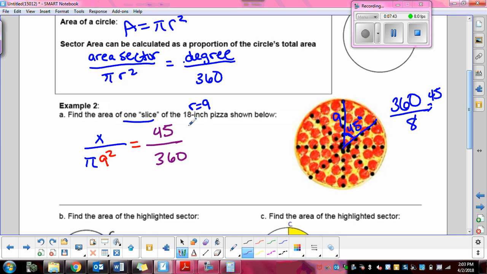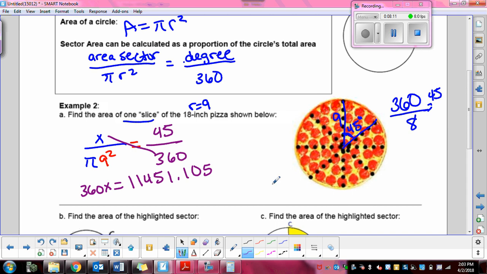Again, I'm just going to cross multiply. X times 360 is 360x. And I'm going to multiply them out. So pi times 9 squared, 81, times 45 is 11,451.10522, right?